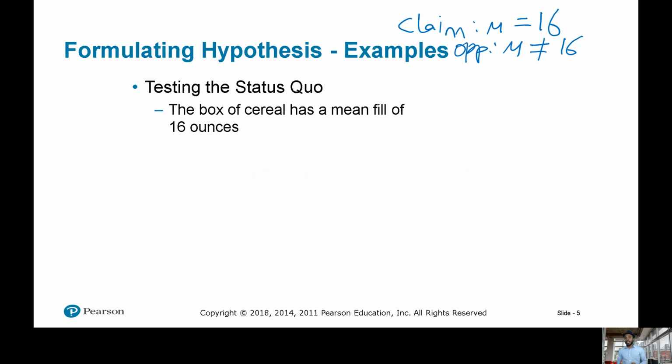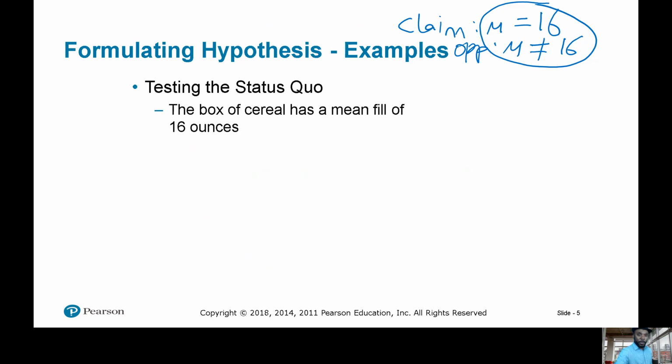Whenever you're given a claim, any statement, you want to put it in terms of the claim. What's the claim? And what's the opposite of the claim? With these, we'll be able to determine what type of hypothesis they represent. There are generally two types of hypotheses: the null hypothesis, which is a statement of equality, and the alternative hypothesis.